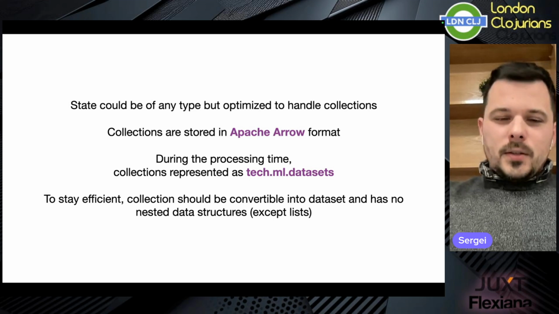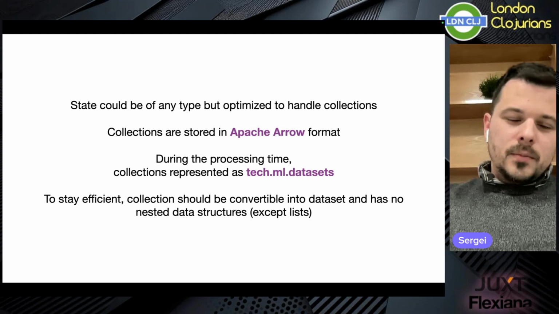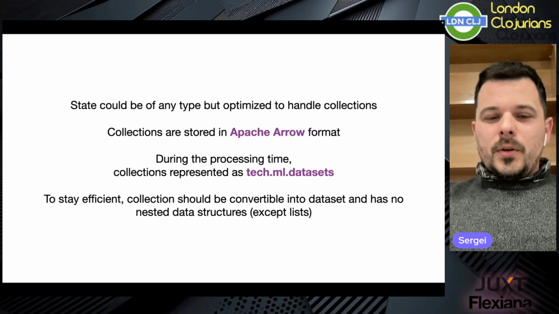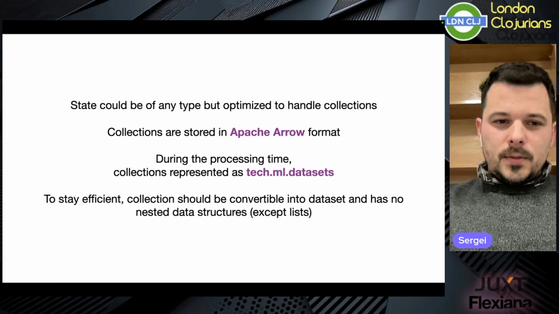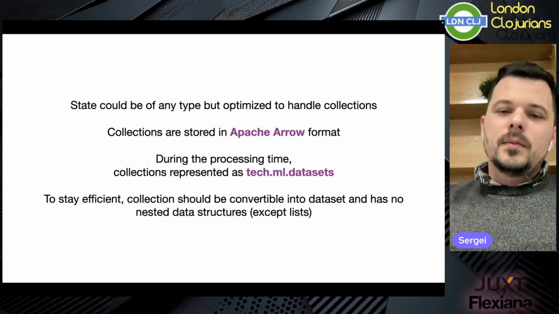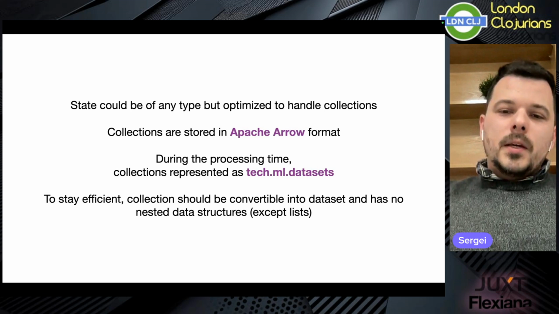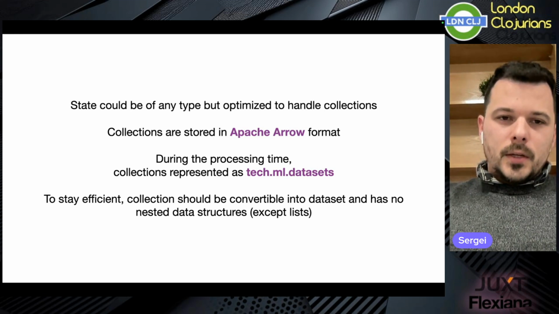So actually all data is off heap and just memory mapped, thankfully to the TechML library, so it won't blow up your JVM process. And one tip here is that TechML and Apache Arrow are optimized for collections.